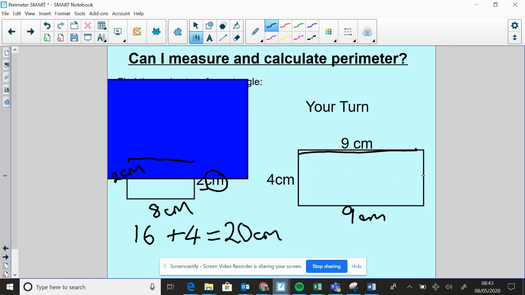Same for the width, 4 and 4. Therefore, 9 and 9 is 18. 4 and 4 make 8. And then, of course, if we add those two together, we've got 26 centimeters. So hopefully that's got you back into thinking about what perimeter is and doing a few nice simple calculations.